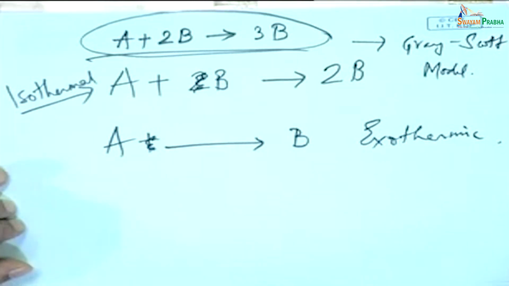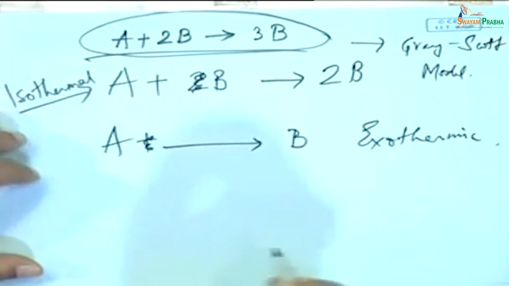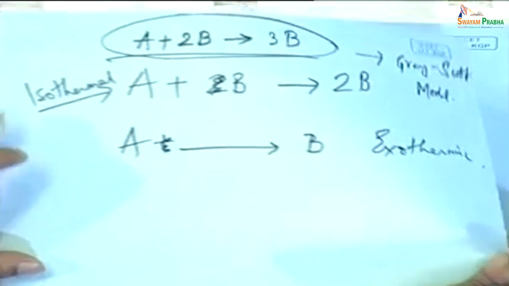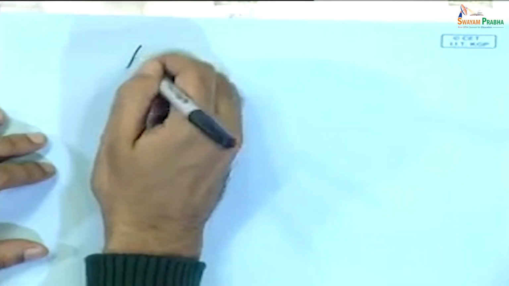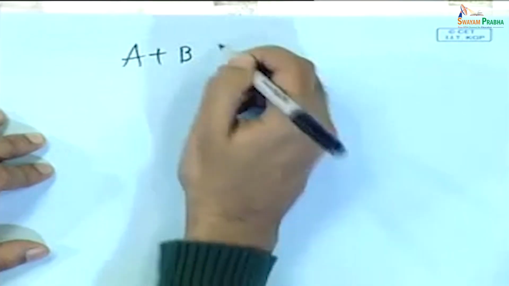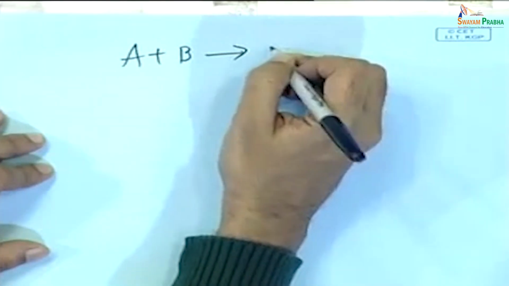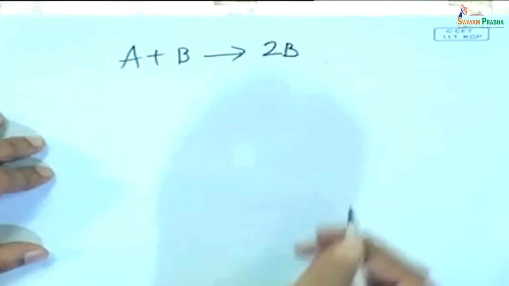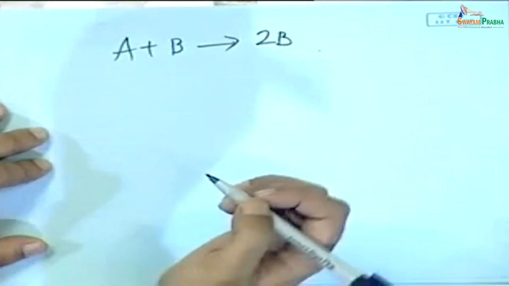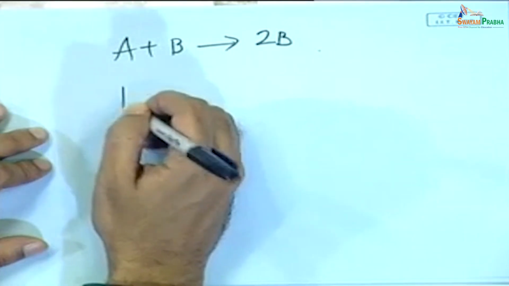Okay. So if I have A plus B giving 2B, what would be the reaction rate?